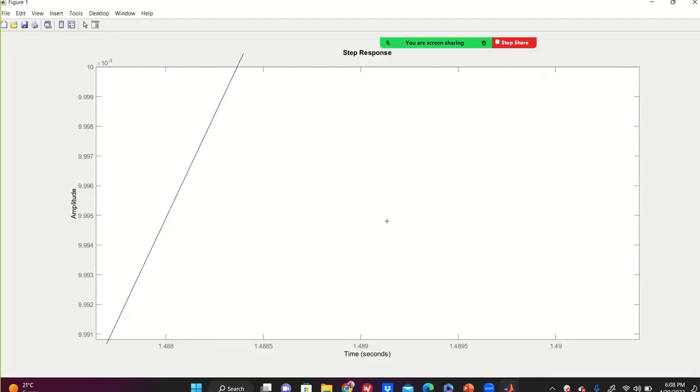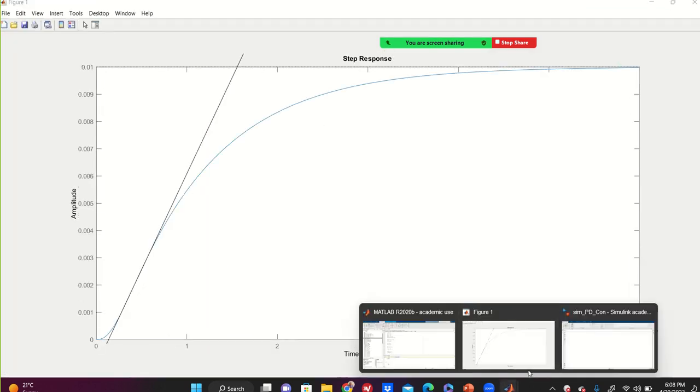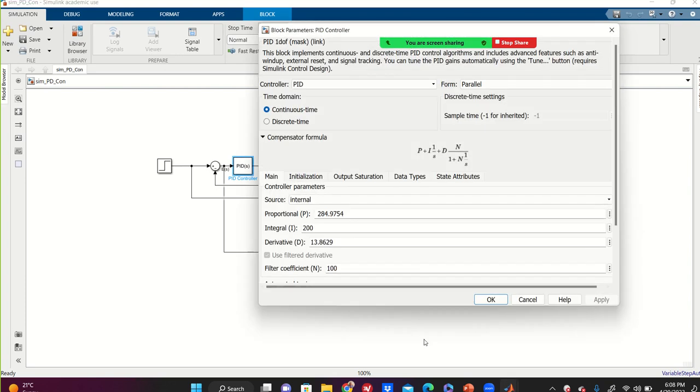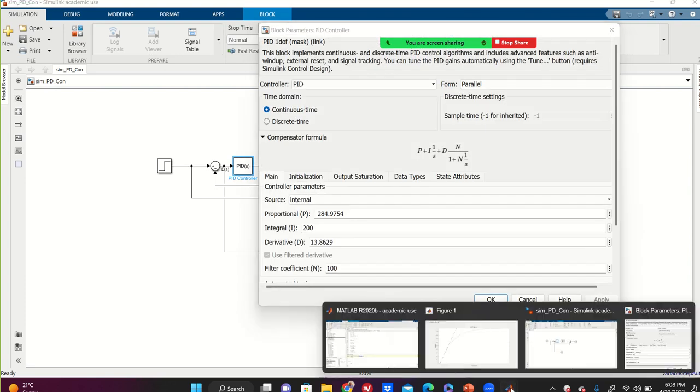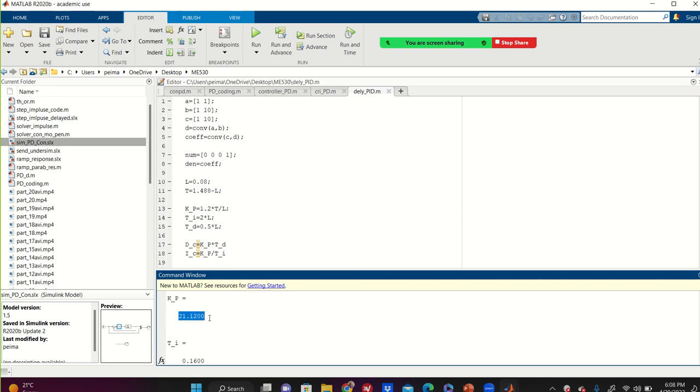Okay, let's go to the Simulink. Again, this is not exactly what I want, S-shaped, but it's better than nothing. Hopefully it works. Okay. So we have PID here, so we're going to do that here. Oh, let me run the code because I have to get the numbers. So you see that your KP was 21.12.